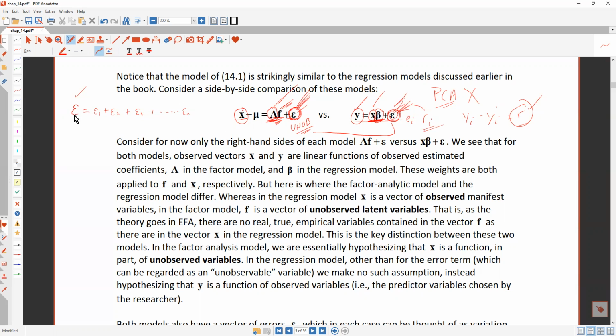In other words, this error can be said to be composed of a whole bunch of little error terms. A whole bunch of little things contributed to this.